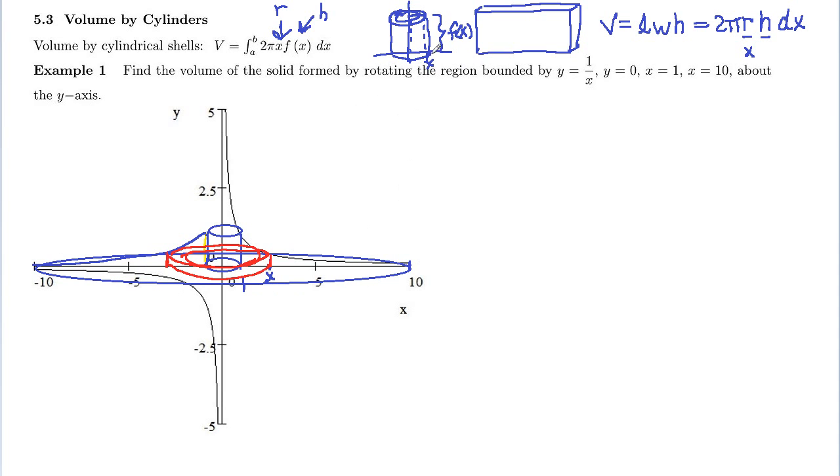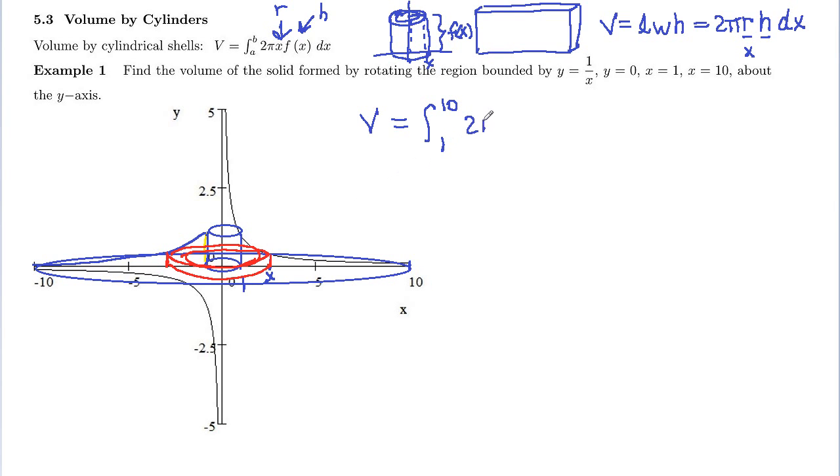So our volume is going to be the integral from 1 to 10, because we're adding up shells from radius 1 to radius 10, all these little shells. I know that looks like a washer, but it's supposed to be taller than it is thick.